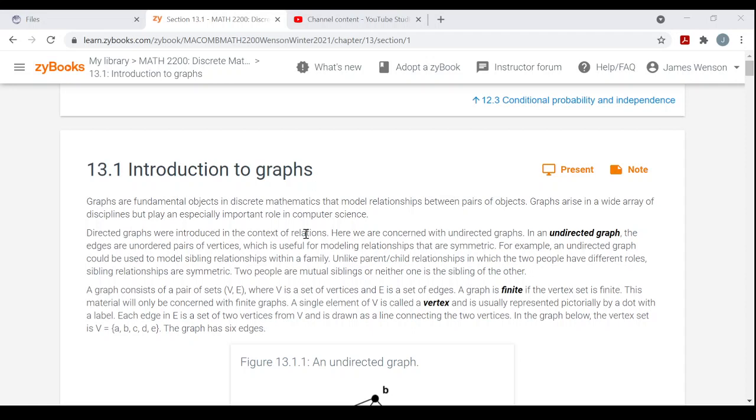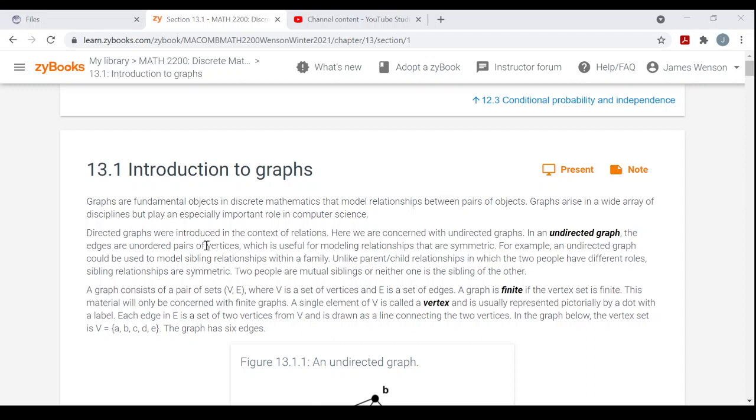As I mentioned, you have seen directed graphs before. Here, in this chapter, we are concerned with undirected graphs. In an undirected graph, the edges are unordered pairs of vertices. Right? So just a set of vertices.